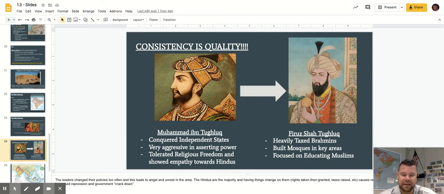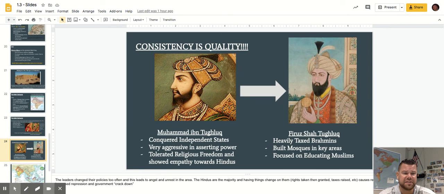But they really wanted to try to limit unrest. He conquered them aggressively, but he was also tolerant, which helped the Hindus say, okay, well, I guess this isn't so bad. But when you have his son and then grandsons building mosques in key Hindu areas, focused on only educating Muslims and then taxing the highest caste in Hinduism, you're going to get a lot of backlash.